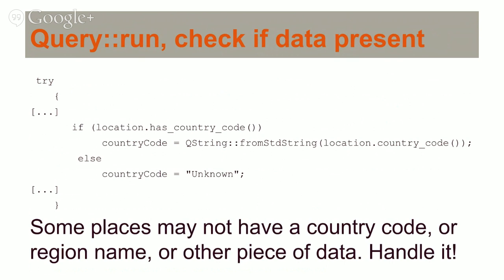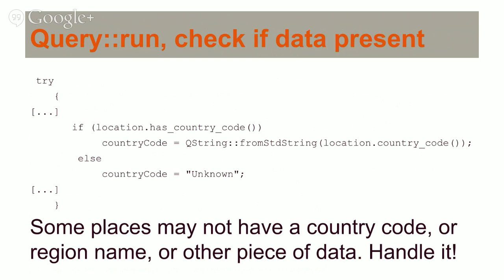Okay, now inside that try block, we're simply going to use the location object to see if each piece of data we want actually exists, and if so, get it, otherwise give it a value. I've never seen, when location is actually working, a latitude and a longitude not being available in the location object.